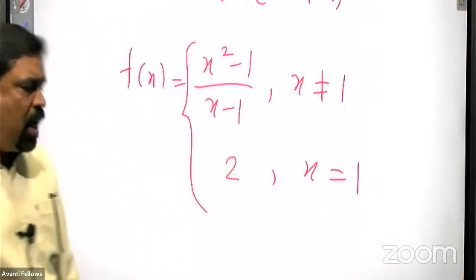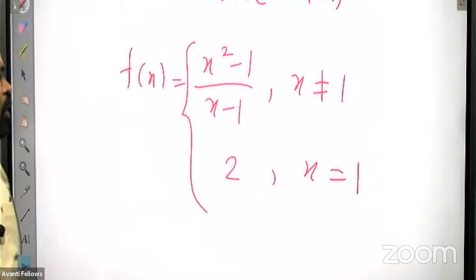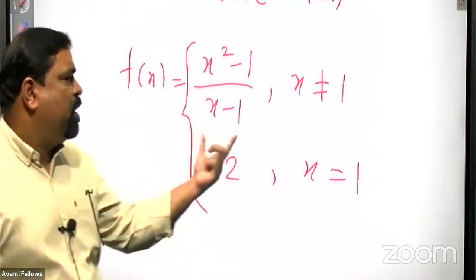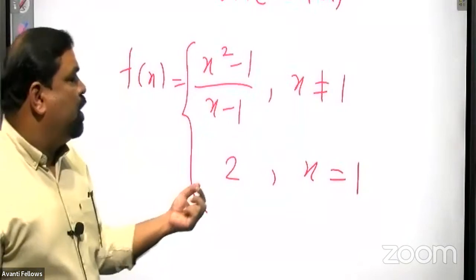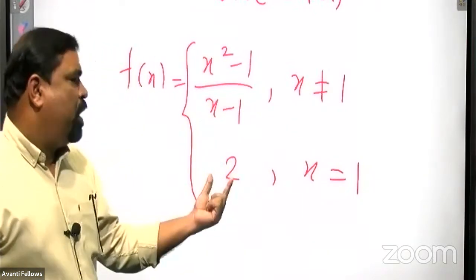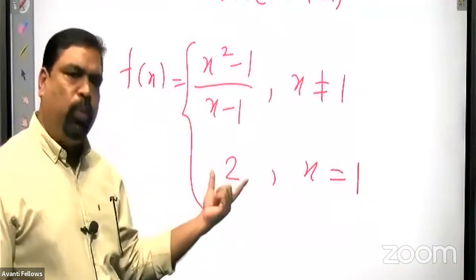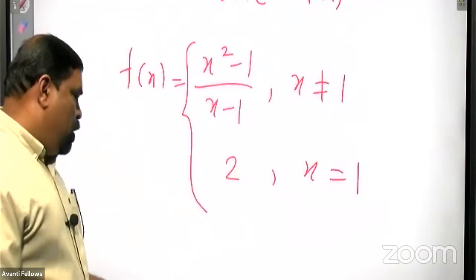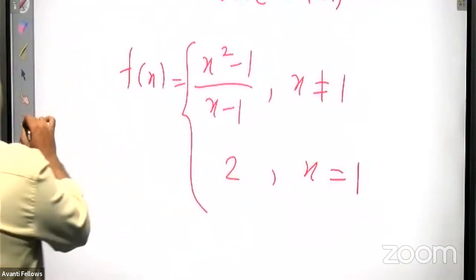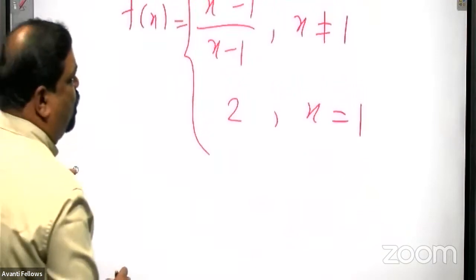Suppose I have defined this function in this way, and at the point 1, I define a value. The function value is 2. Now let us see whether this function is continuous or not.